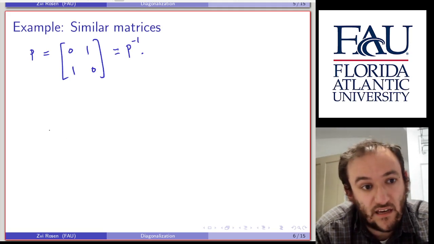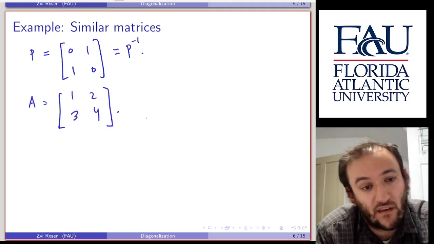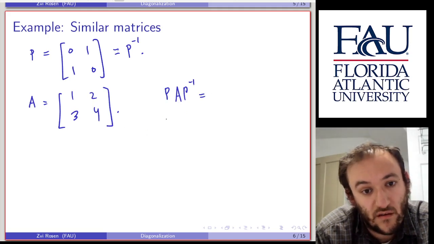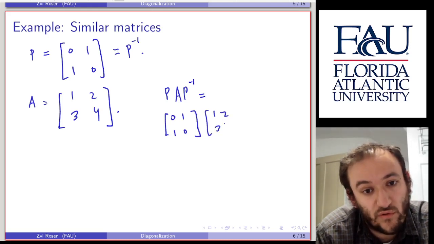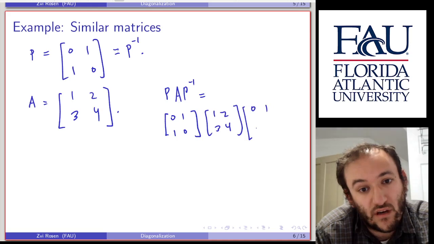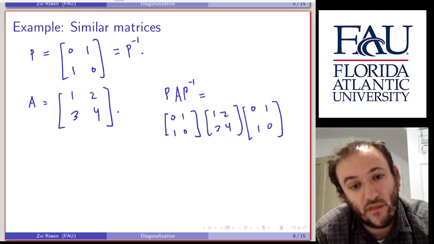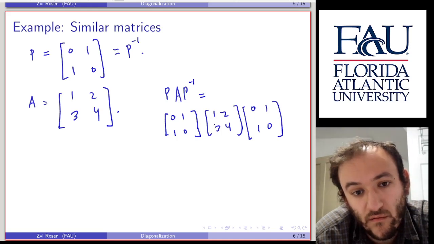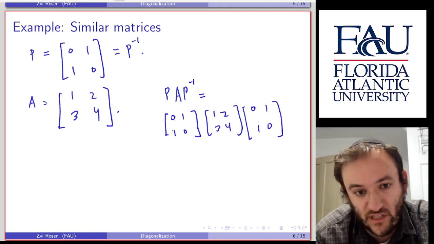So if I have, let's say, A equals 1, 2, 3, 4, and then I take P A P inverse, so this would be 0, 1, 1, 0, times 1, 2, 3, 4, times 0, 1, 1, 0. You can do the multiplication in whichever order you want.